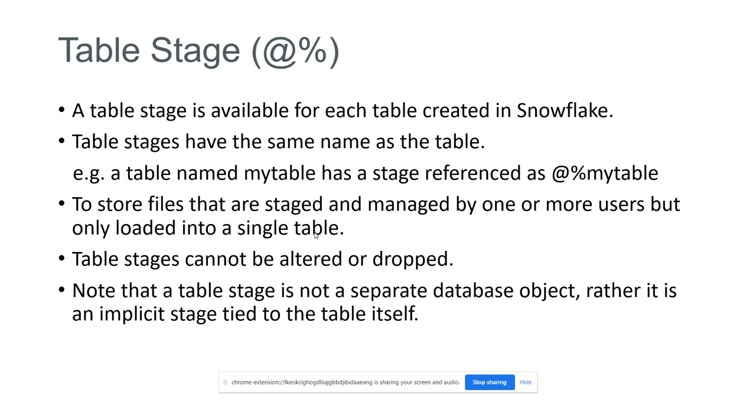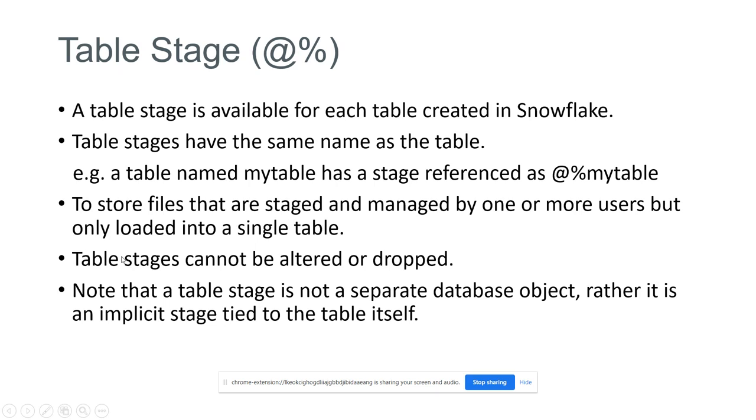Whenever you run list at the rate percentage, it will display both the files, because this is not a user-specific area, this is a table-specific area. So multiple users can copy files to that table staging area, and later those files can be processed and loaded into the table. Hope you are understanding.